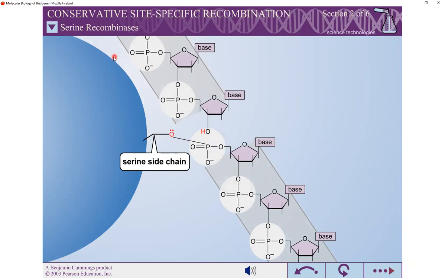Now the main enzyme is referred to as the type 1 topoisomerase, because the ligase is a type 1 topoisomerase. Already it has been told to you.